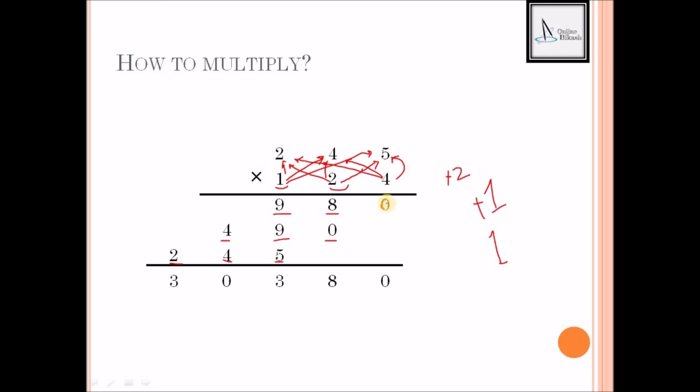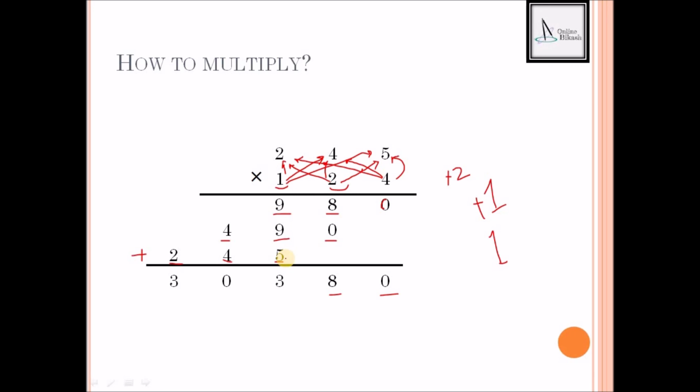Now you just need to add them. So this 0 will be brought down. 8 plus 0 is 8, 9 plus 9 is 18, and 18 plus 5? Take out your hand. How many fingers do you have? 5.